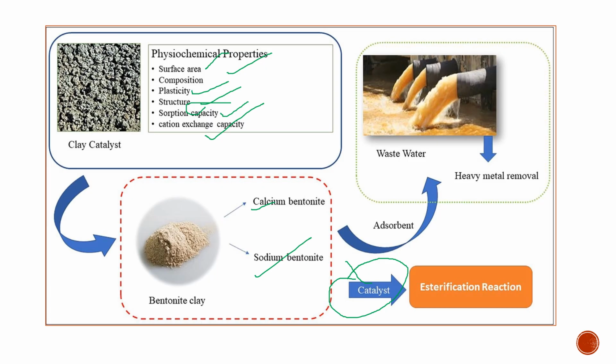Esterification means where alcohol reacts with acid to form ester and water. In that reaction, acid-activated bentonite can be used as a catalyst, and it is also useful in removal of heavy metals like cadmium. So these are the important properties and uses of bentonite in brief.